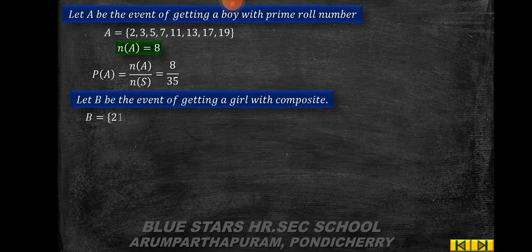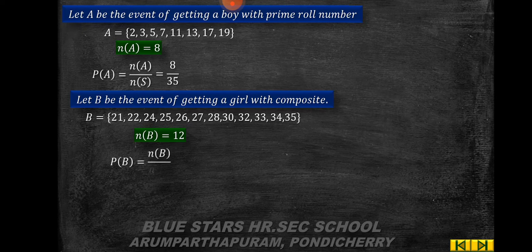Let B be the event of getting a girl with a composite roll number. So B is equal to 21, 22, 24, 25, 26, 27, 28, 30, 32, 33, 34, 35. So n of B is equal to 12.